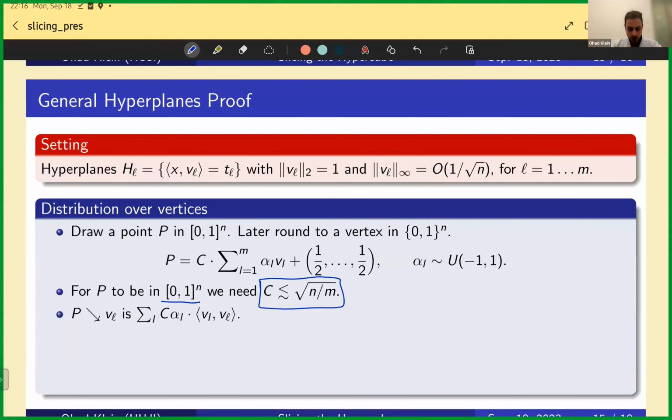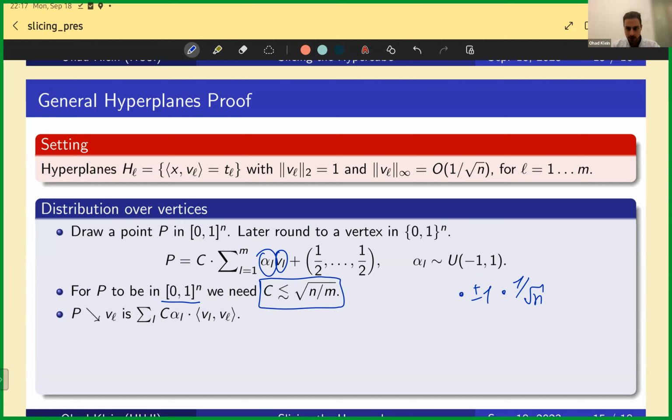Roughly speaking, the reason why C can be as large as square root of n divided by m is that each coordinate of V has absolute value which is about 1 over square root of n. Now we multiply this with some random value between -1 and 1, so we multiply this by something which is about ±1.